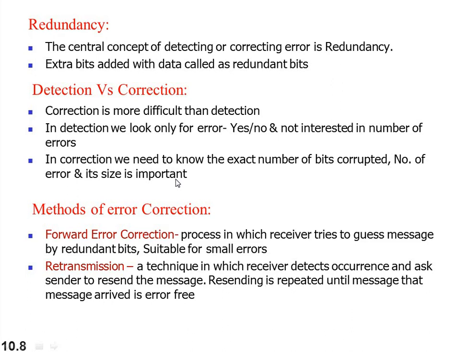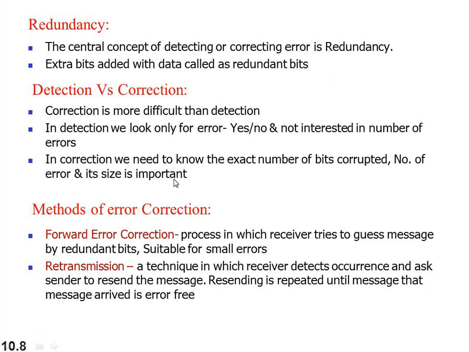In forward error correction, the receiver tries to guess the message using redundant bits, find out where the error exactly occurred, and change it. This is possible for small errors. But if a burst error occurs, then the only correction method is retransmission of the data.